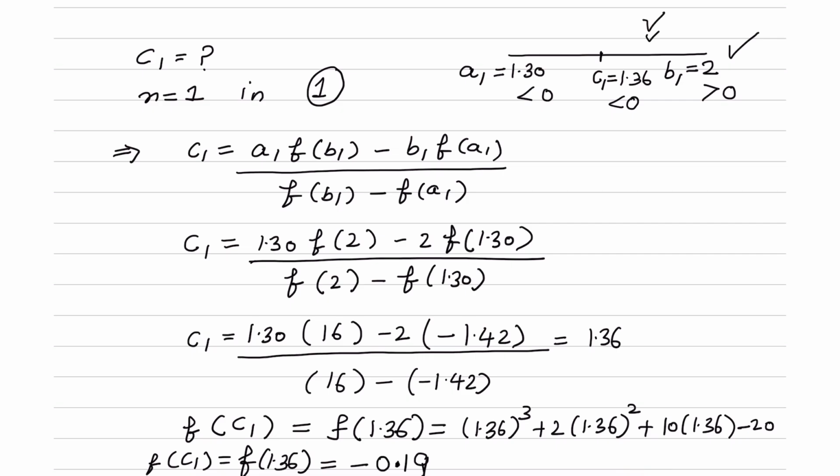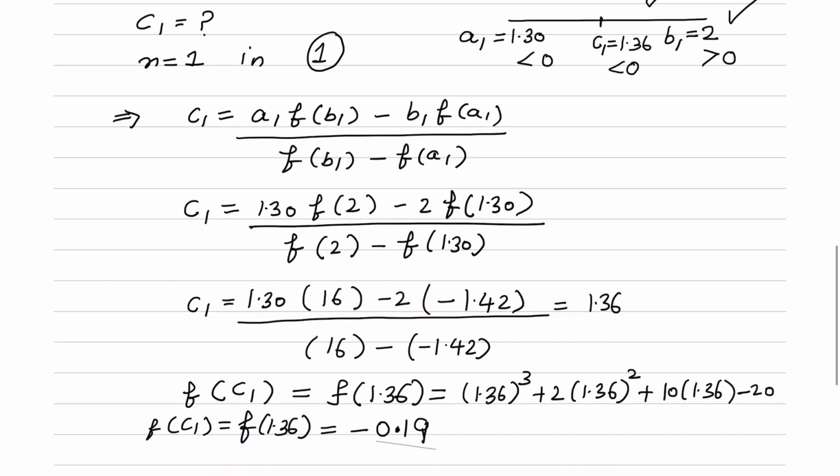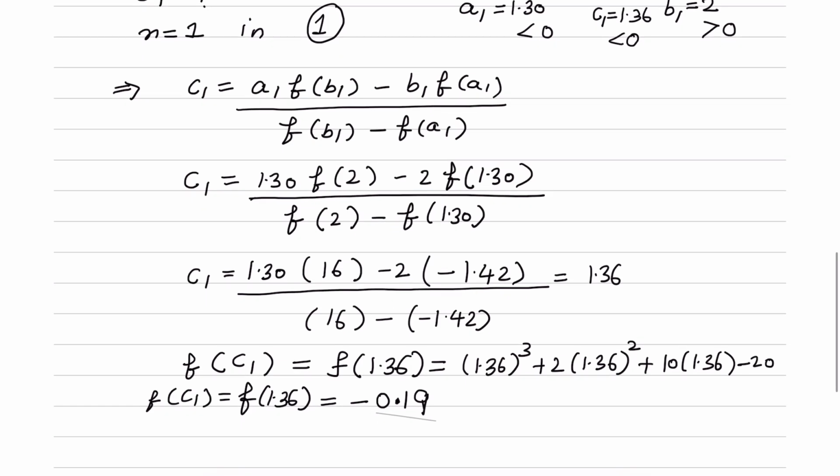So this is our appropriate interval. We are going to copy this interval on the right hand side. So c1 is 1.36, we will write 1.36, and b1 is 2, so we will write 2, and we will copy the signs. f of 2 was positive, f of 1.36 was negative, so we have done that.